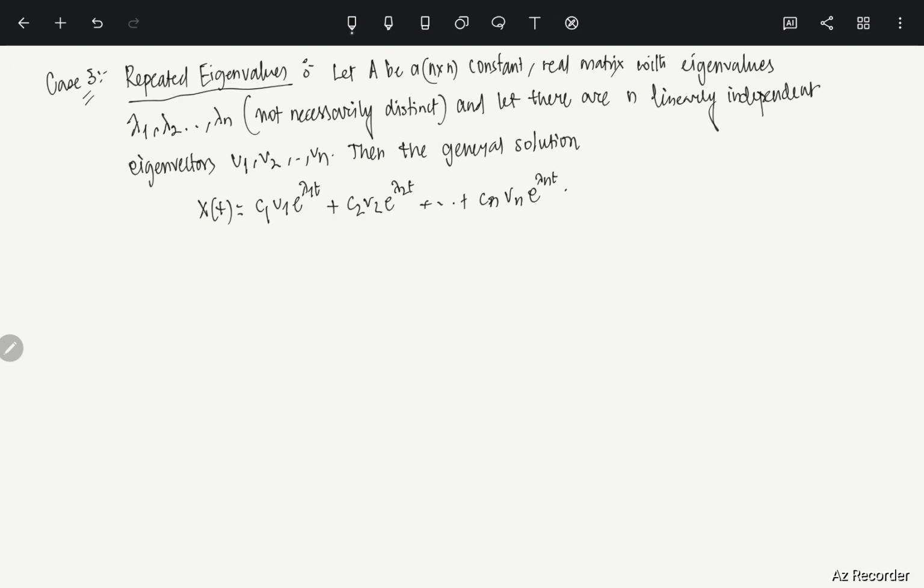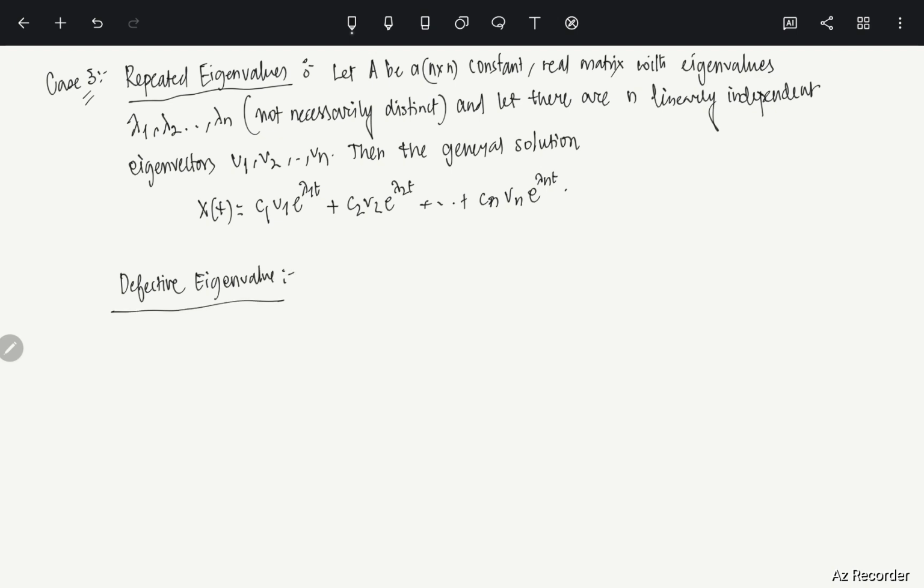The problem lies here: if there are not n linearly independent eigenvectors. Okay, so the problem is this: defective eigenvalue. Okay, what do I mean by defective eigenvalue?